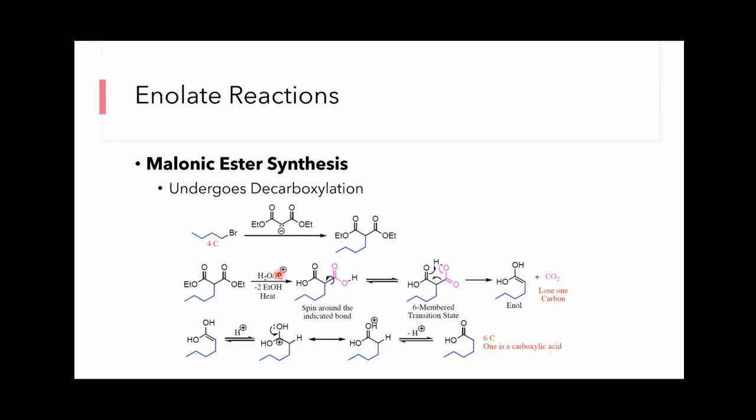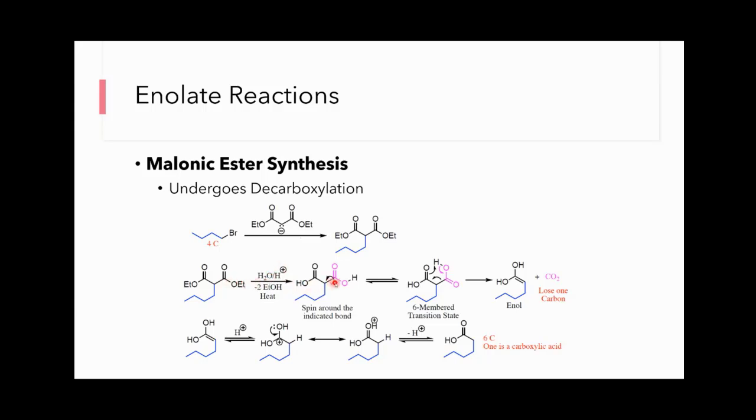For here, one of the carbonyls, their beta is a carboxylic acid. So once we treat it with water and acid, it will turn the esters into carboxylic acids.